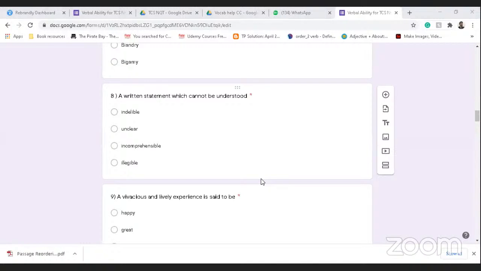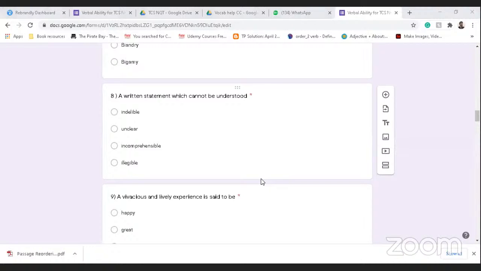A written statement which cannot be understood. What does illegible mean? The handwriting is very bad, you cannot read it. Illegible means one that cannot be read. Here it is not about reading, it is about being understood. So what should the answer be? Incomprehensible, guys.